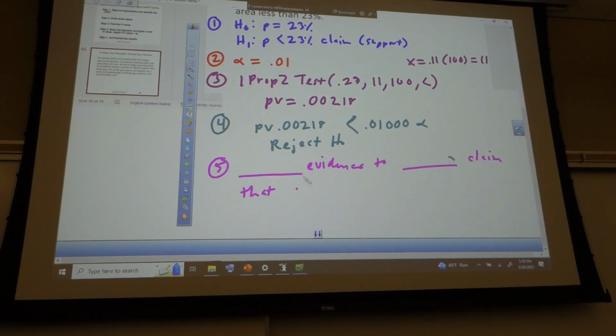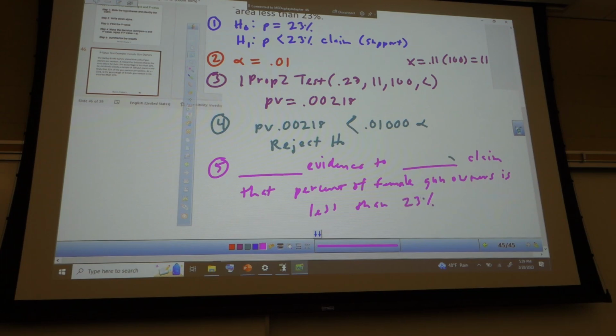The percent of female gun owners is less than 23%.